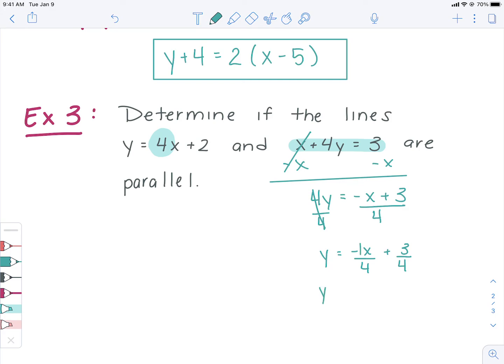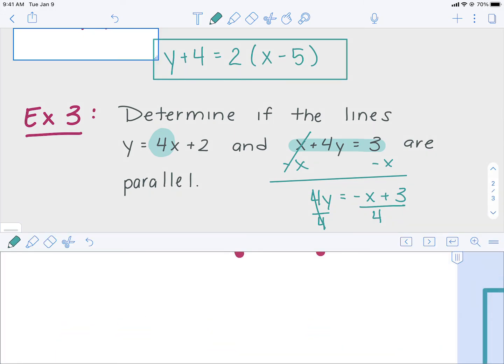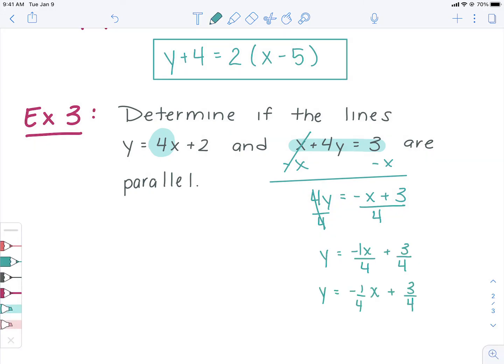So this is the same thing as saying negative 1/4 x plus 3/4. So my slope here is negative 1/4. Slope of my other line is 4.